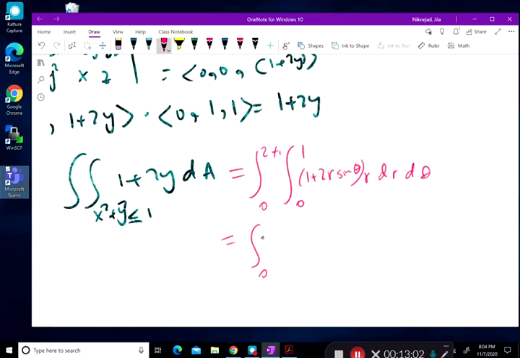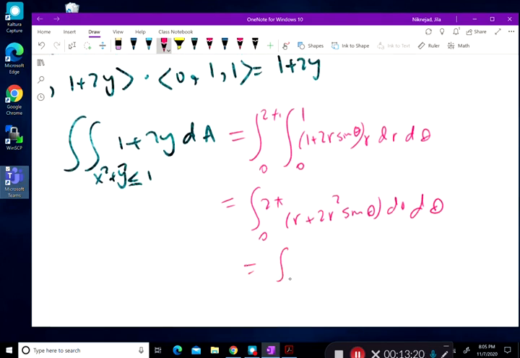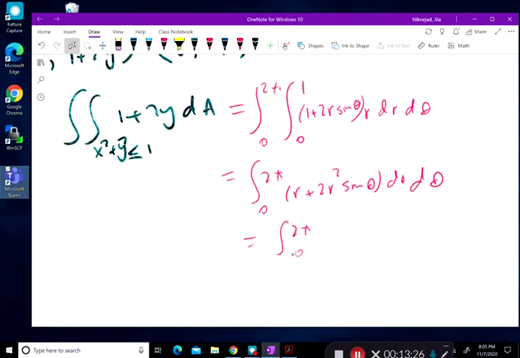So how does the integration work? First of all, multiply r through, and then what we get is r squared divided by 2 plus 2r cubed divided by 3 times sine theta, from 0 to 1, d theta.